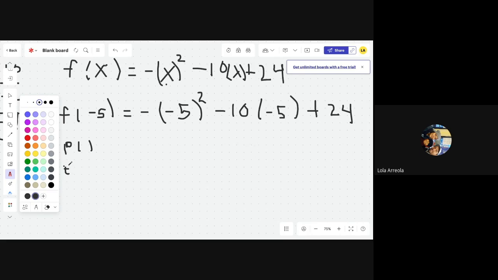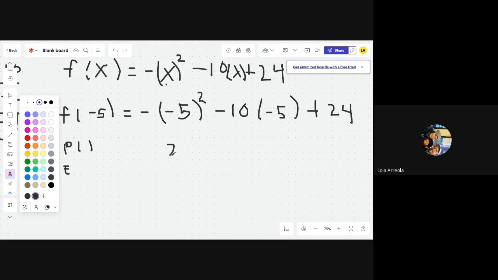I look at where there are exponents. I have exponents here. I'm not going to worry about that minus in front until I simplify the parentheses to this exponent. So first, negative 5 squared, which is negative 5 times negative 5.